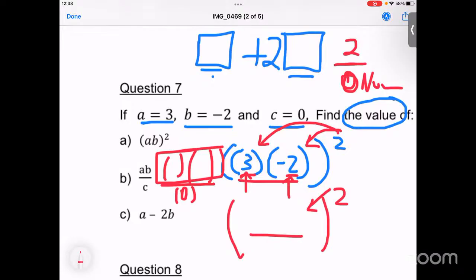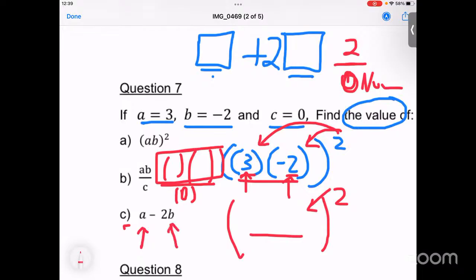Okay, when it comes to C, let's see what's happening there. So for this one of C, honorable member, you might need to realize that what is happening there is that you again substitute your A value and then you minus by 2 and then you substitute your B value.